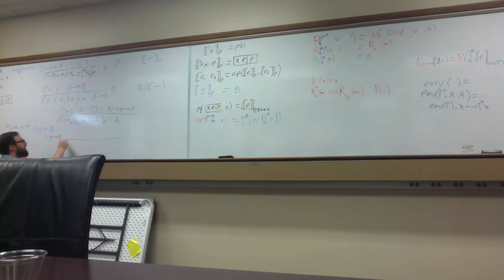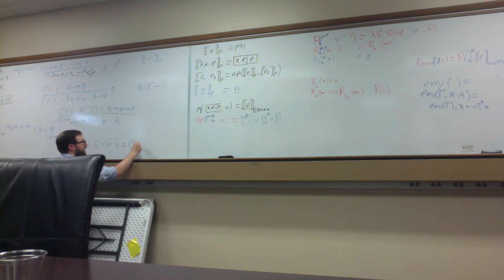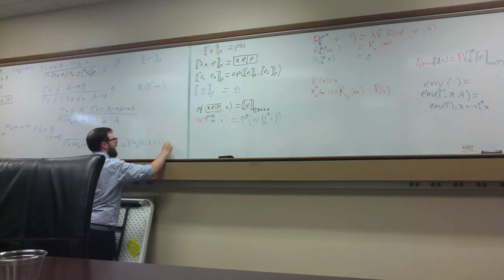We could say gamma of rec sub A of some n+1 of B and S is equal to S of n and rec sub A n B S. Okay.